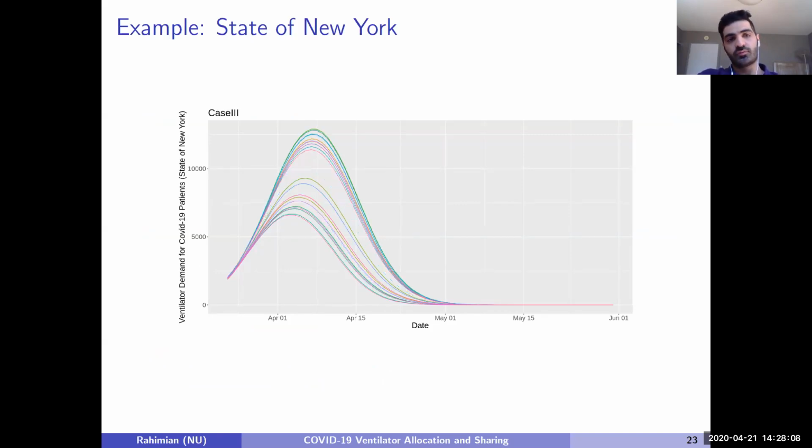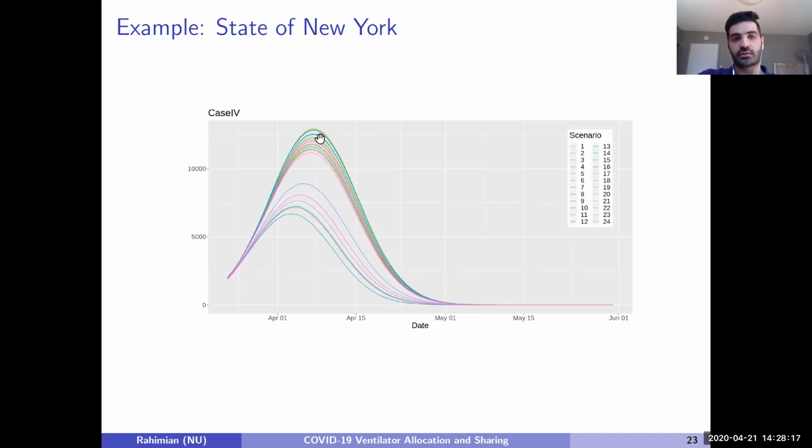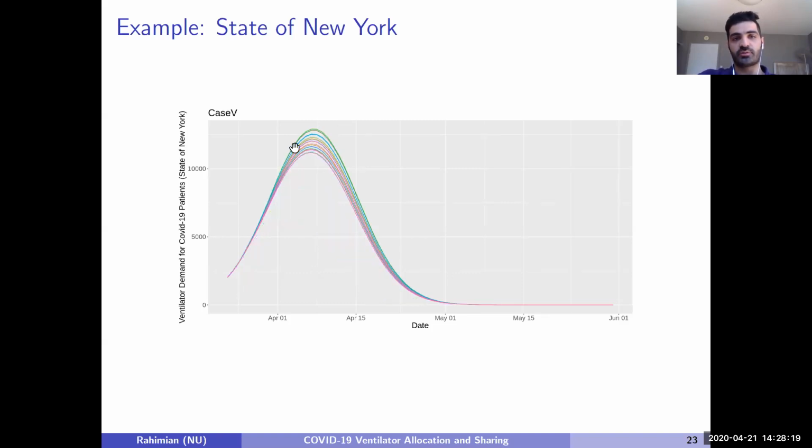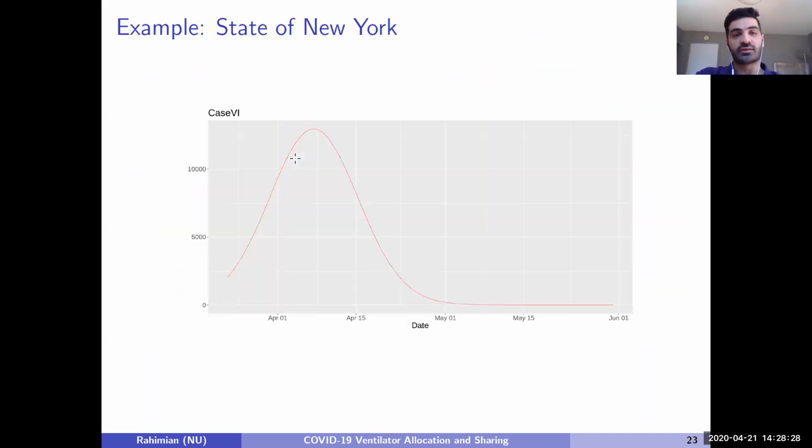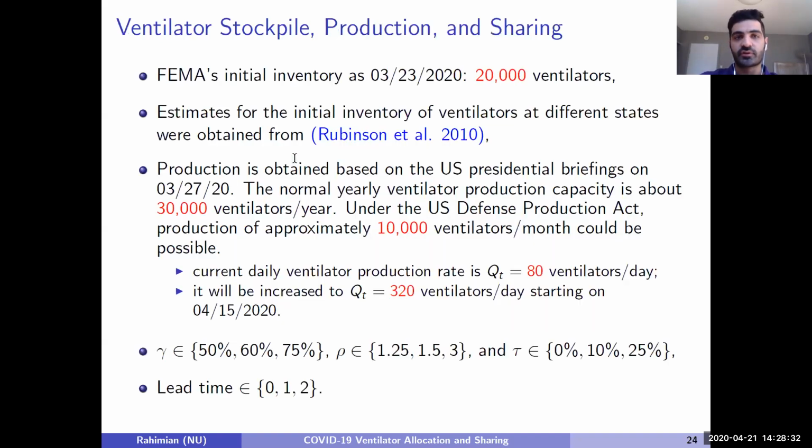As I go to the other cases, the demand becomes more and more concentrated on the top part of the quartile. You can see there is more demand in this portion, and finally, in the most severe case, I have only one demand scenario. We can talk more about how the demand scenario generation happened, but let's move forward with other parameters.